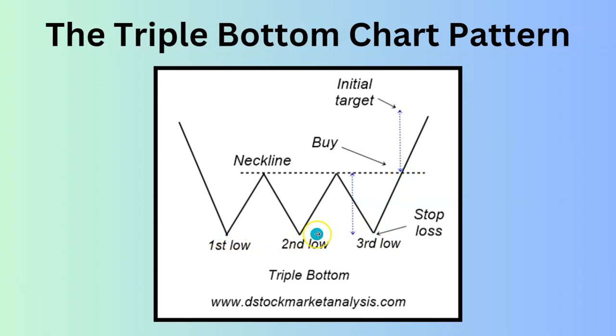Remember I said the lows don't need to be exactly the same area. Maybe one could be a bit lower or a bit higher, but definitely not one low here and another low up here. To get the target, you take the height from the neckline to the lows and project it upwards from the breakout. This will be the initial target.